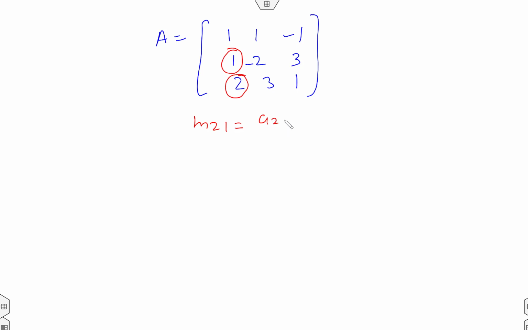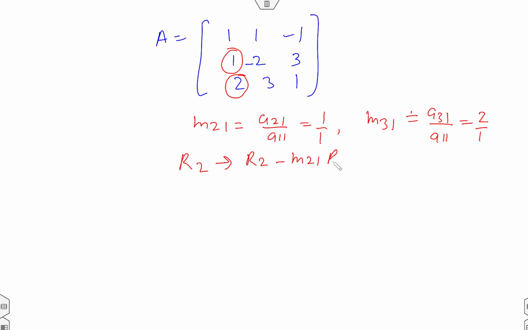That is m21, a21 upon a11, that is 1 upon 1, and m31 is what? That is a31 upon a11, that is 2 upon 1. And after that apply row operations in order to make 0 at the a21 and a31 positions. So r2 equal to r2 minus m21 r1 and r3 equal to r3 minus m31 r1.